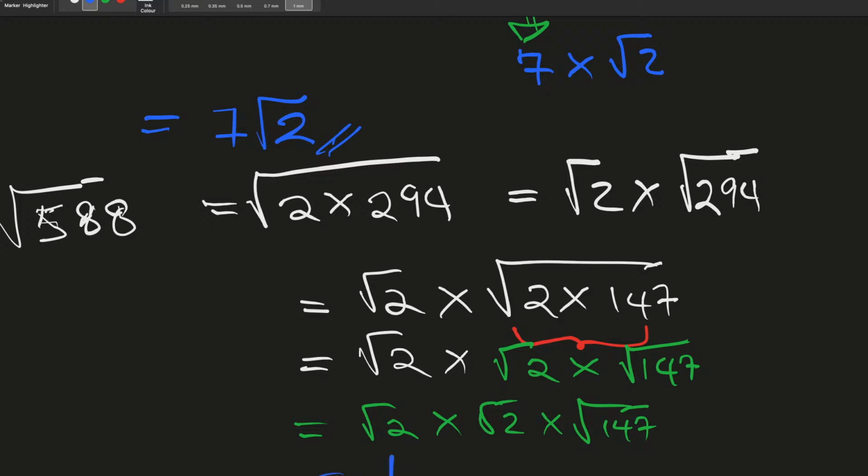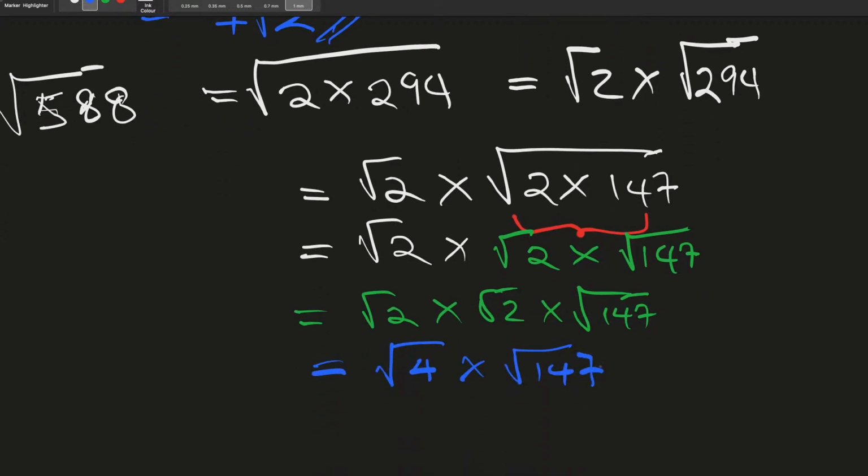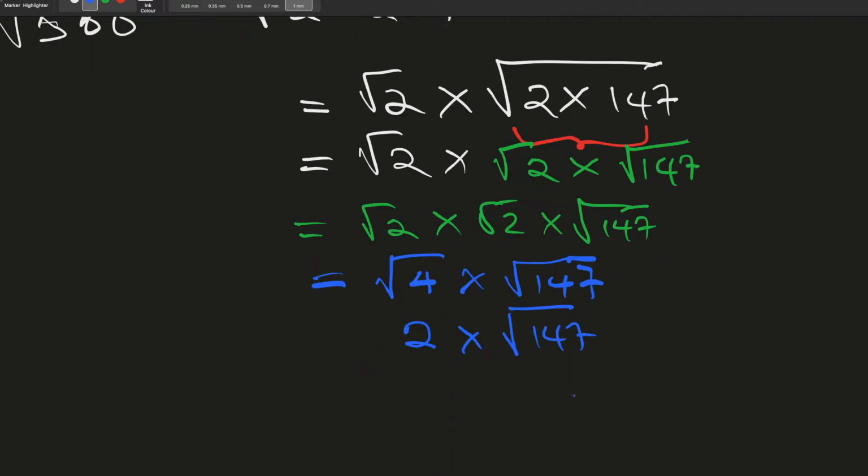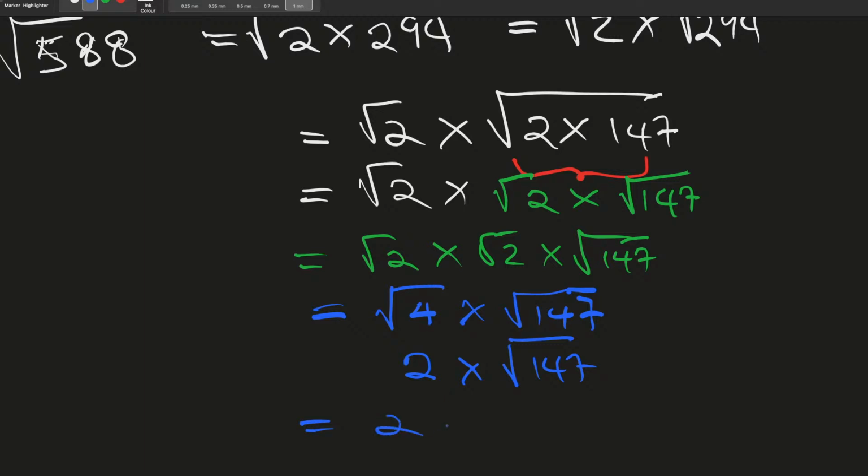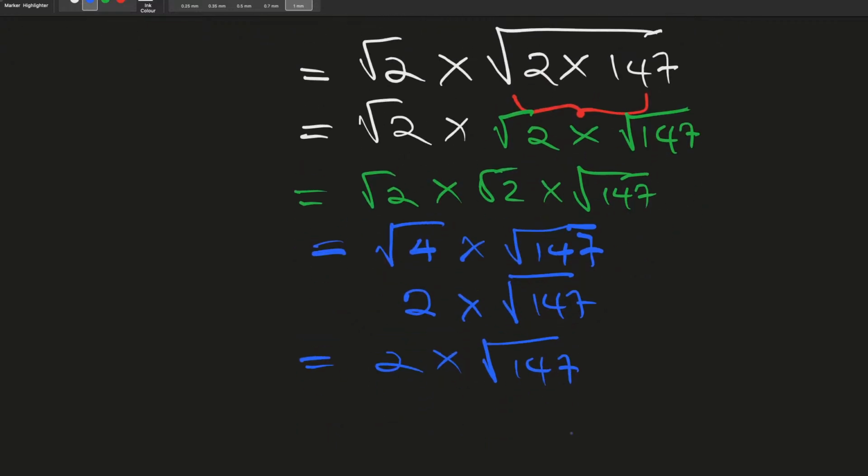This will be square root of 4 times root 147. We know that square root of 4 is what? 2. Multiplying surd 147. So our final answer will be 2 surd 147.